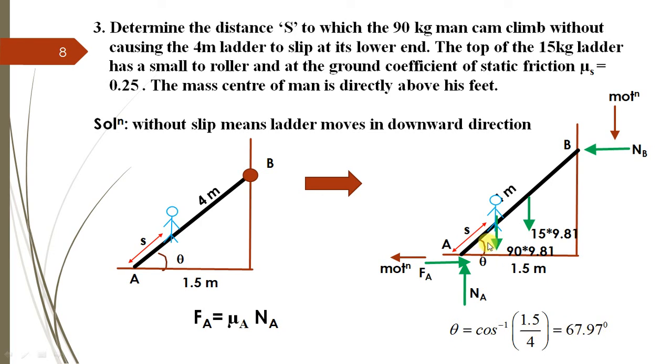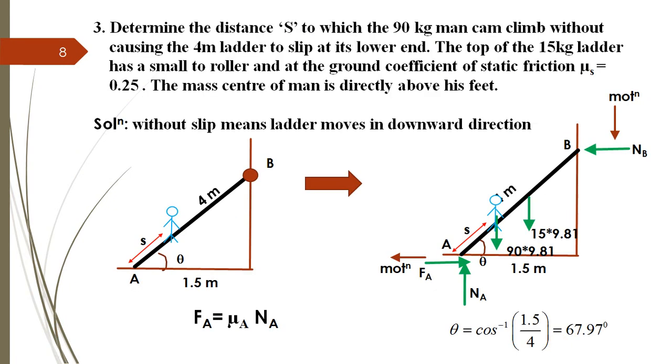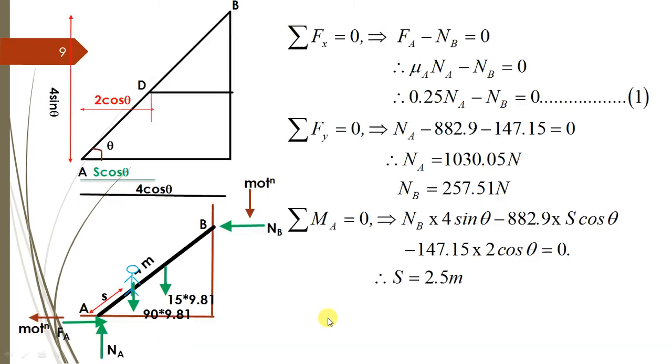So this angle theta is known to us now, and FA is equal to mu A into NA. F is equal to mu into N, the formula we have used here. Now come towards the free body diagram again. Then summation of Fx.